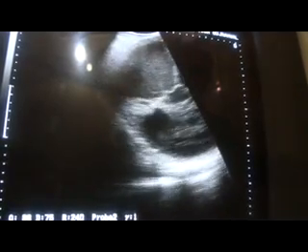If you note, this is a midline crossing, huge mass, and it is elevating the aorta as well.